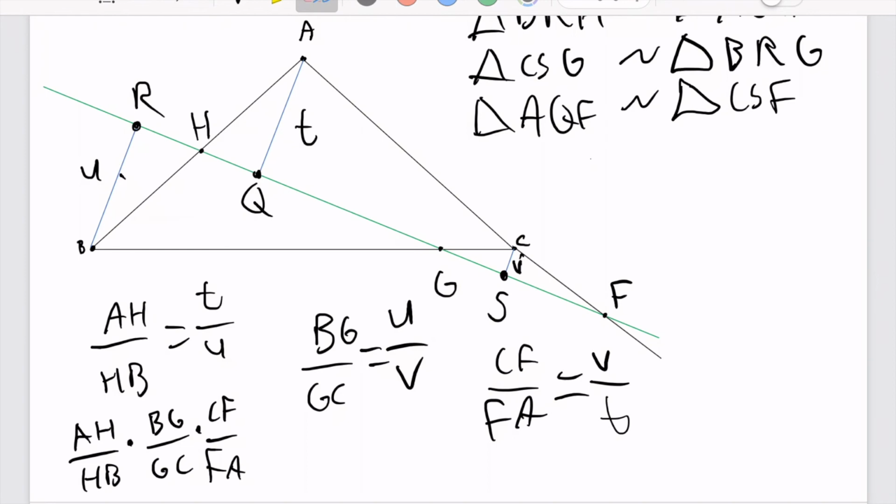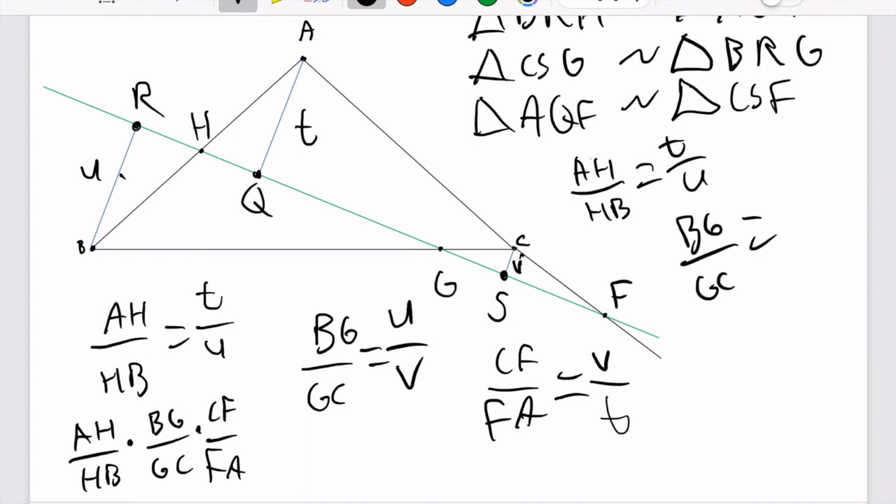So I'm going to rewrite these three ratios up here smaller so they're not in our way. AH over HB is T over U. BG over GC is U over V. CF over FA is V over T.